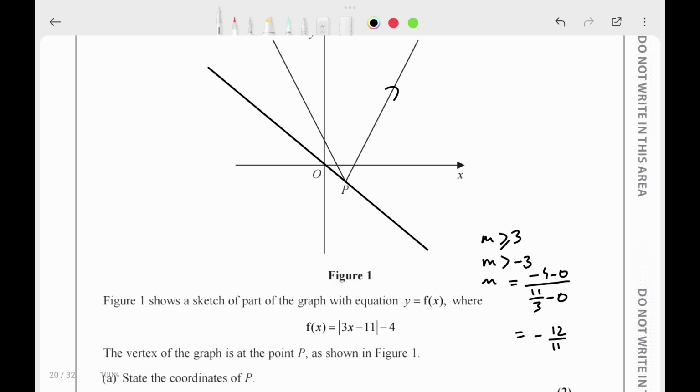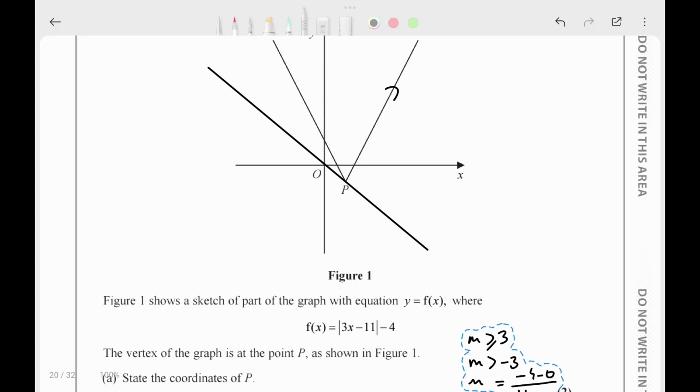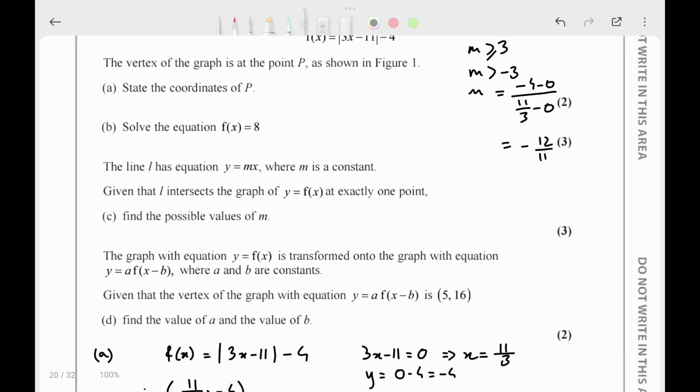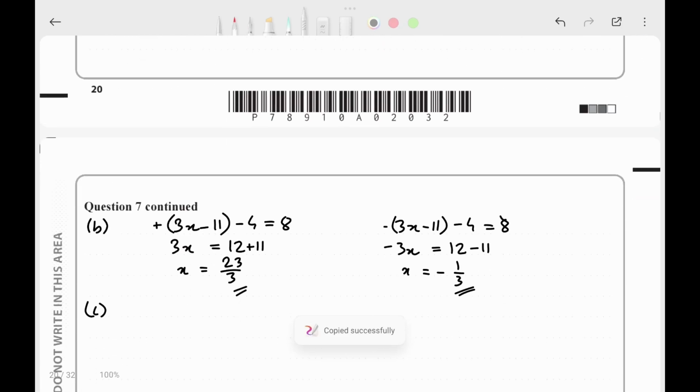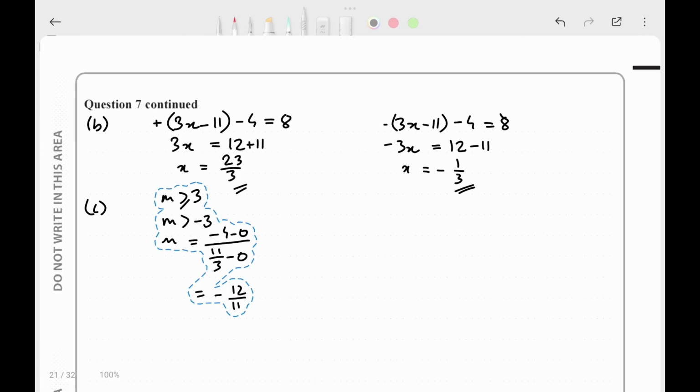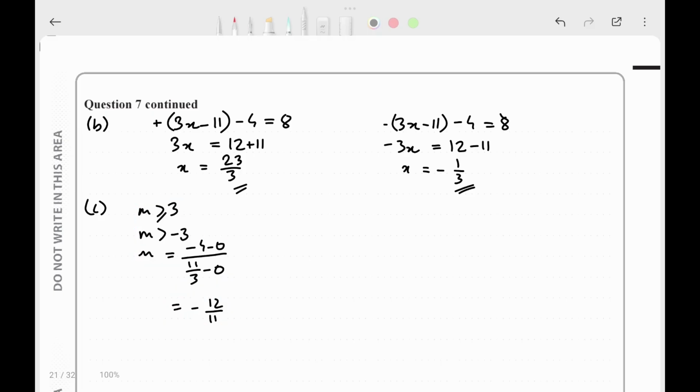So these are the set of possible values of m, for which y is equal to mx crosses the graph exactly once. So this is part C.